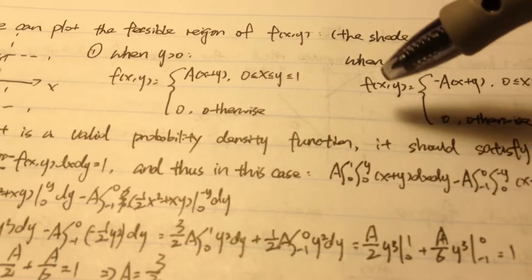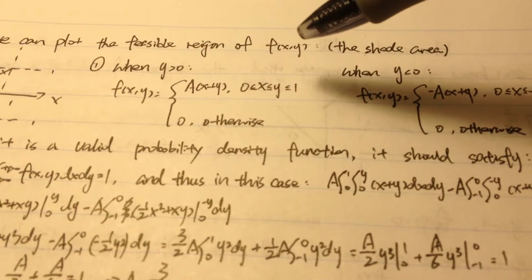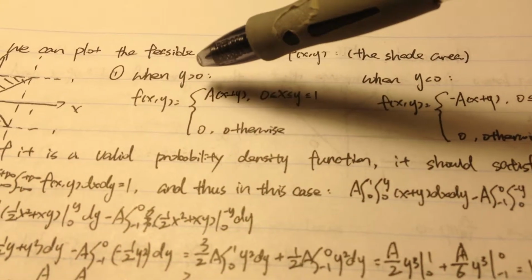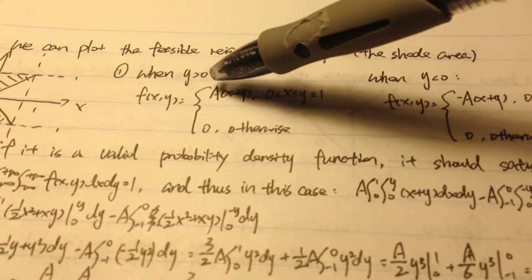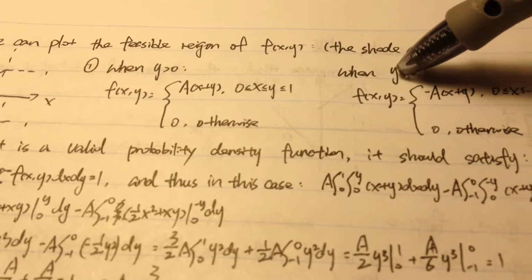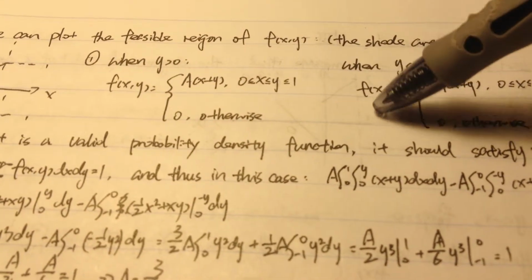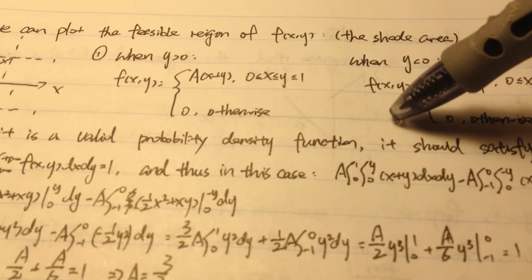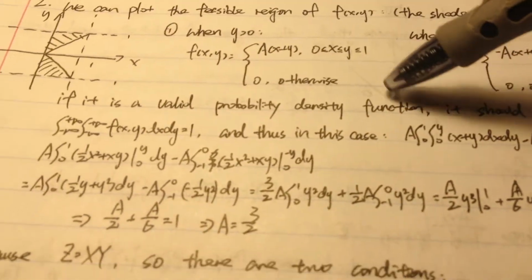So the method to solve this problem is we deal with y greater than 0 and y less than 0 separately, and then we sum these two parts together.